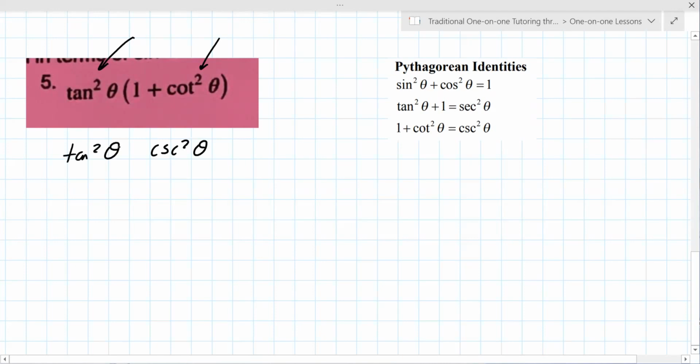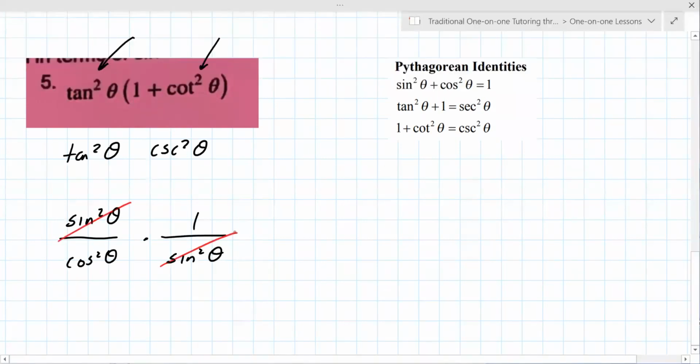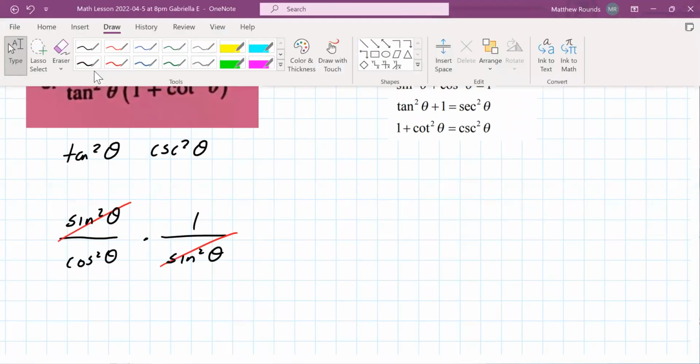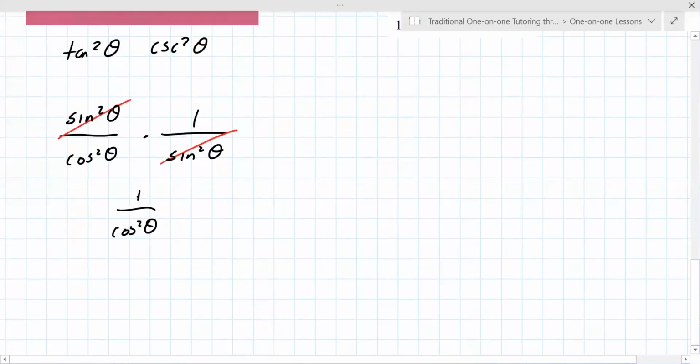Tangent squared theta. Okay, so that's sine squared theta over cosine squared theta, times 1 over sine squared theta. And then these cancel, and you're left with 1 over cosine squared theta, which does become secant squared theta if that were the goal here.